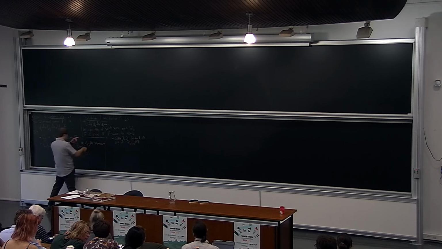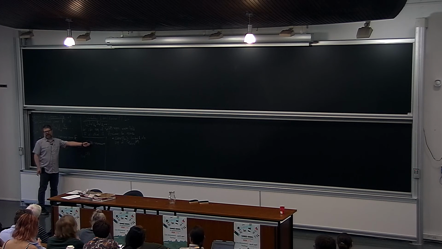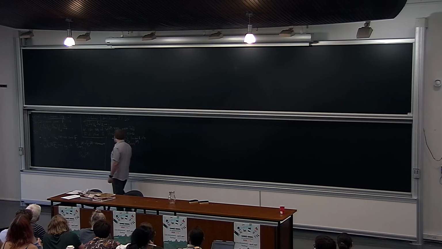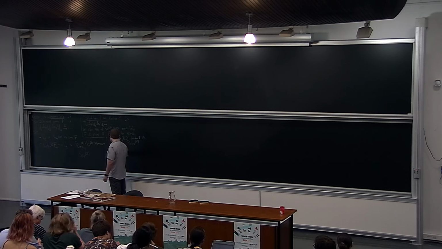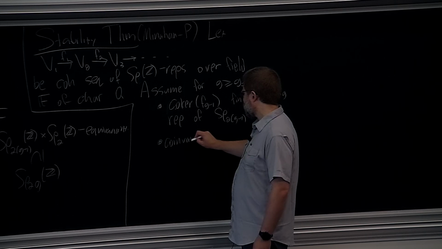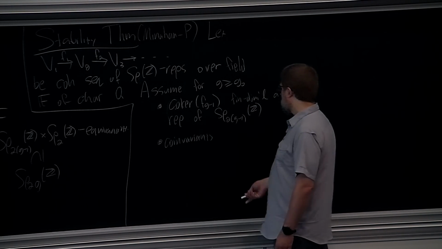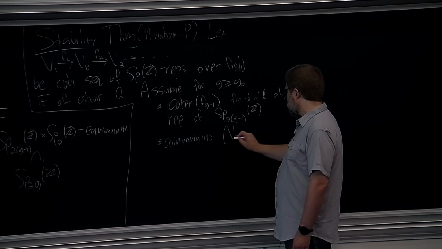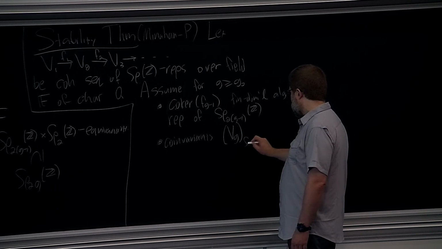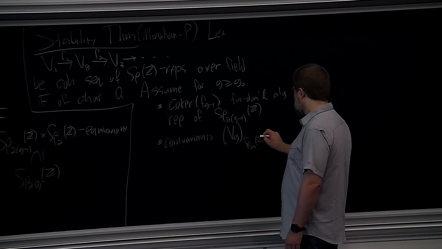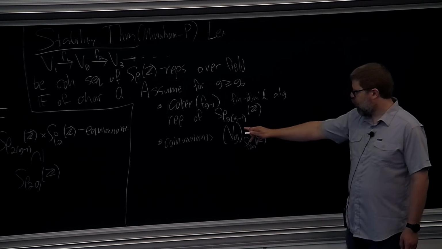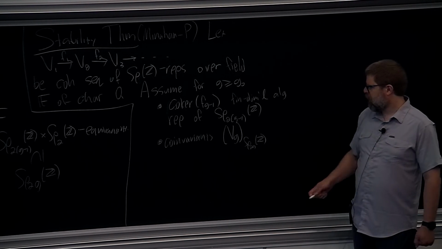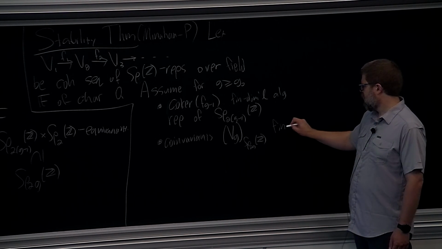It's a representation of this product, but I'm saying nothing about the second factor. Okay? It's a finite dimensional algebraic representation of that, and also that the coinvariants, going from V sub g, the largest quotient of V sub g on which Sp_2g(Z) acts trivially, are finite dimensional.